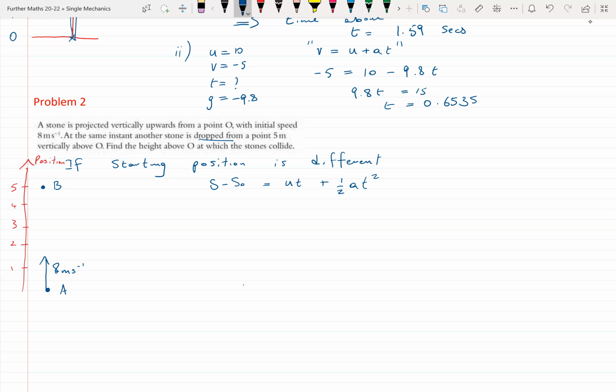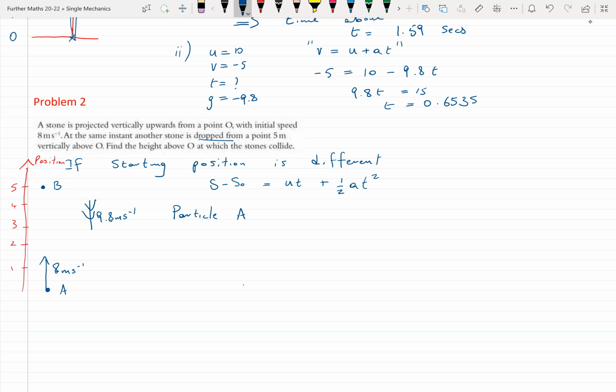Okay, so let's just do the problem then. Let's look at particle A first. Particle A has initial speed 8, and remember the acceleration is always downwards. Our default is 9.8 meters per second squared. I think all the A-level specifications use that unless told otherwise.